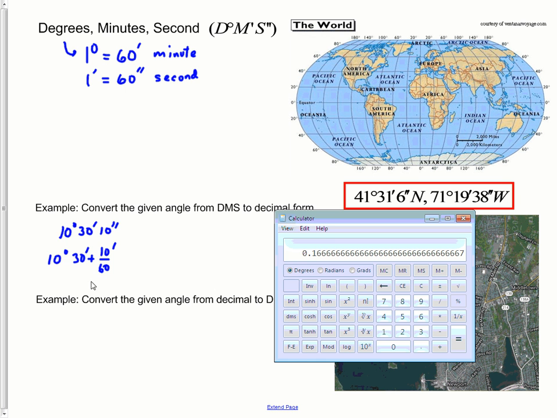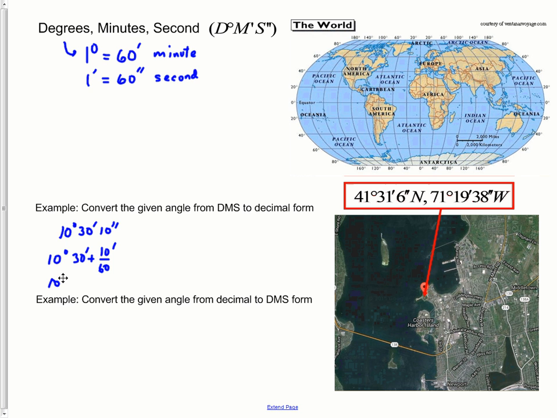So I'll just go ahead and give you 3 decimals. So this is like saying 10 degrees added to 30.167 minutes. Well, what about that 30.167 minutes?